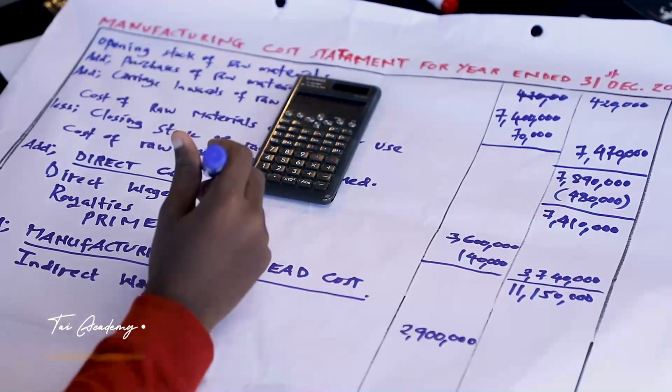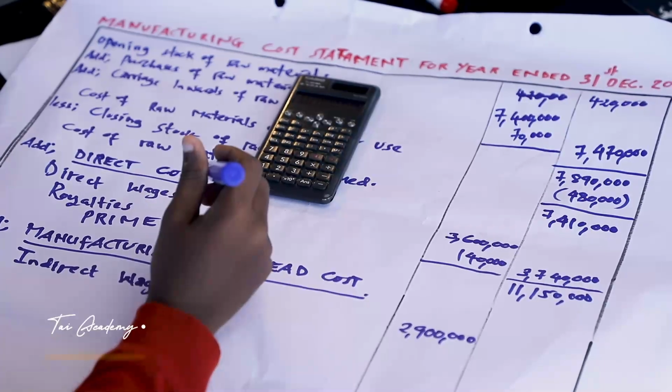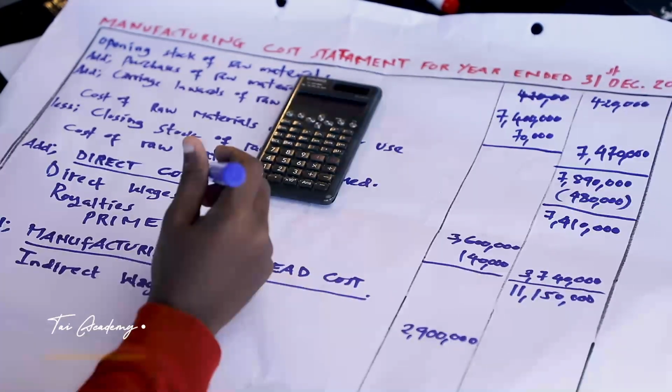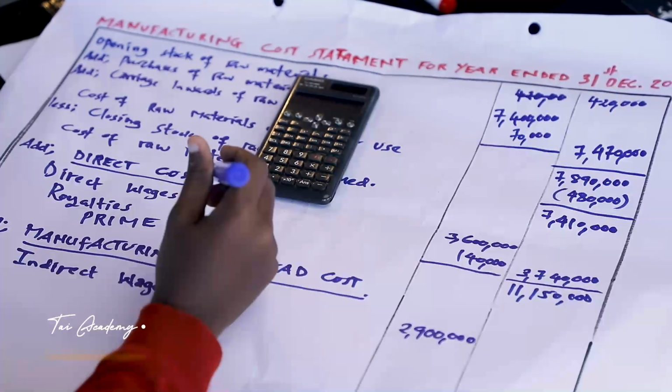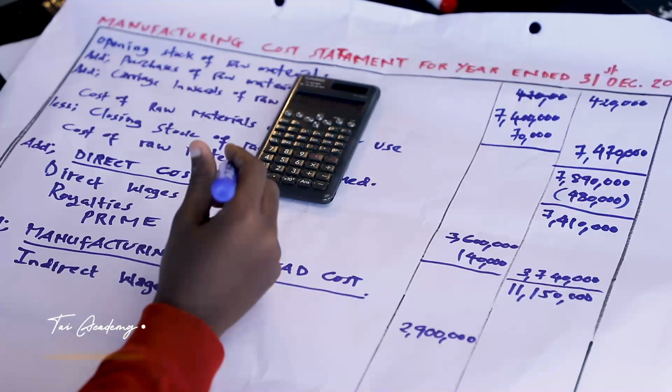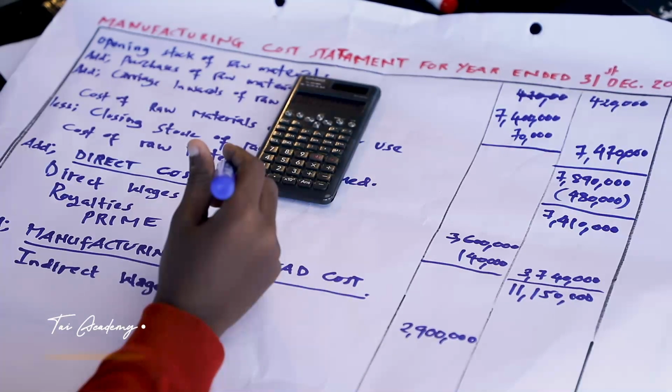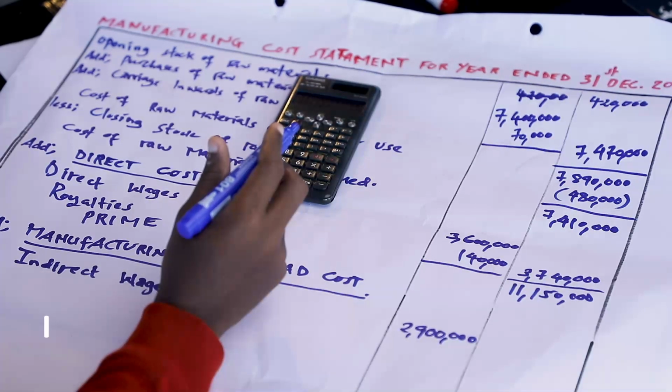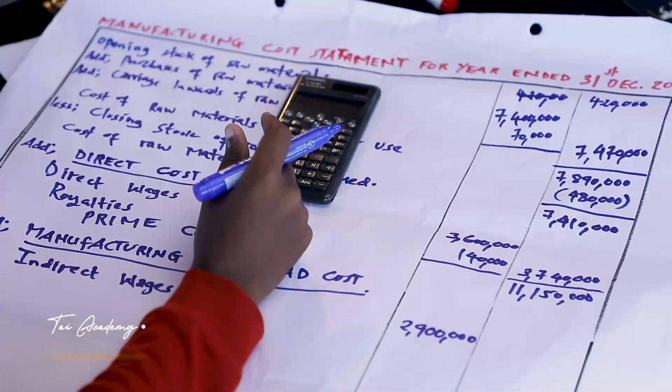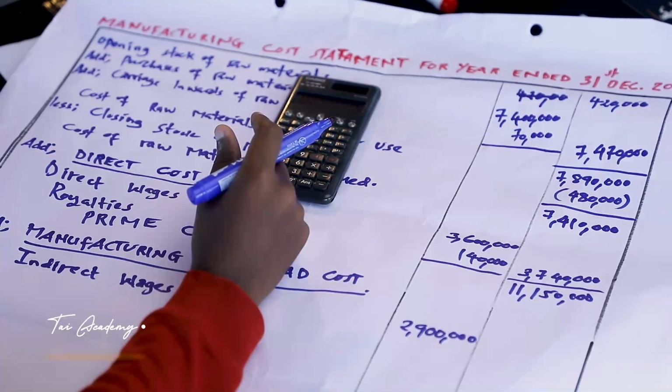So when you go to the additional information, Roman 2, we had lighting, rent and insurance apportioned as follows: factory 5/6 and administration 1/6. Hapa kwenye factory manake hizi factory 5/6 ndio zinaenda kwenye manufacturing cost, lakini hizi administration 1/6 ni zile administration cost za kawaida.